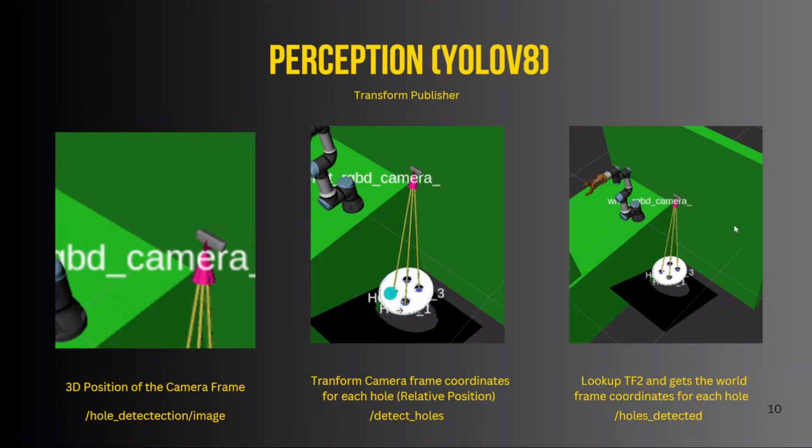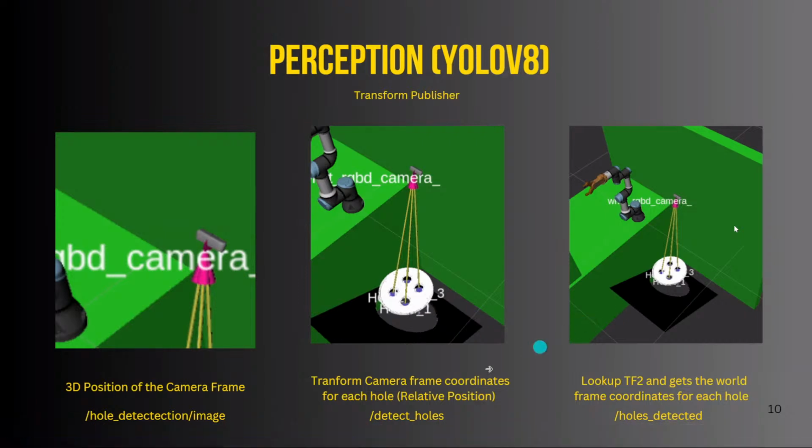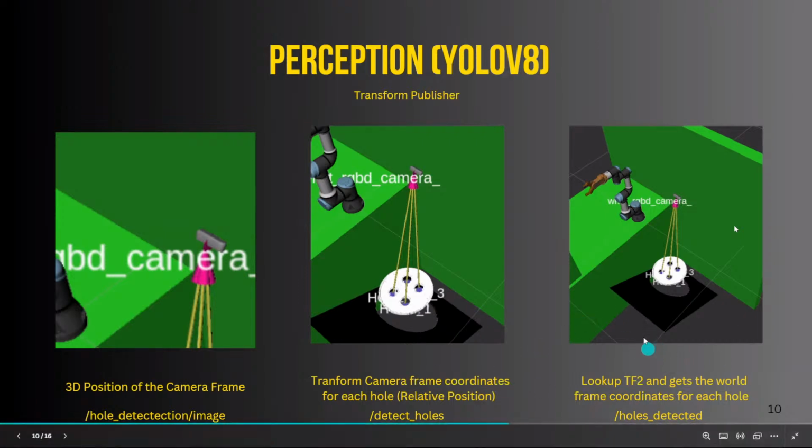So all the four frames we now have. These are relative positions, and for the robot arm to move towards them, we have to look up in the world frame coordinates where these four hole frames are. And those four hole frames are published into the holes detected topic.